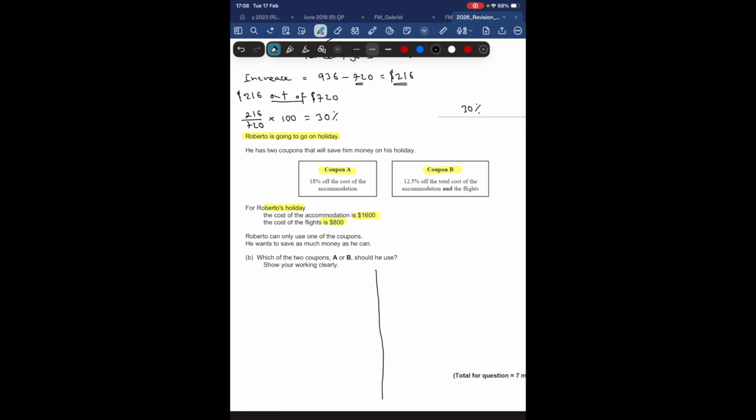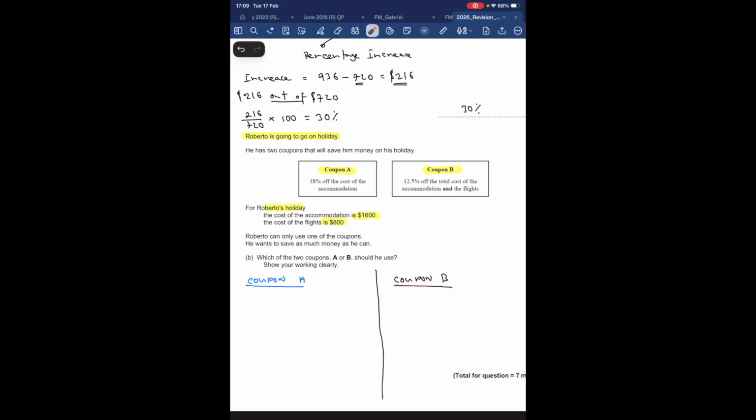On the left-hand side, I'm going to do coupon A, and on the right-hand side, coupon B, so I'm clearly separating out my work to make it a lot easier. So with coupon A, we're getting 18% off the cost of the accommodation only. The accommodation is $1,600. So we need to take 18% away from 1,600.